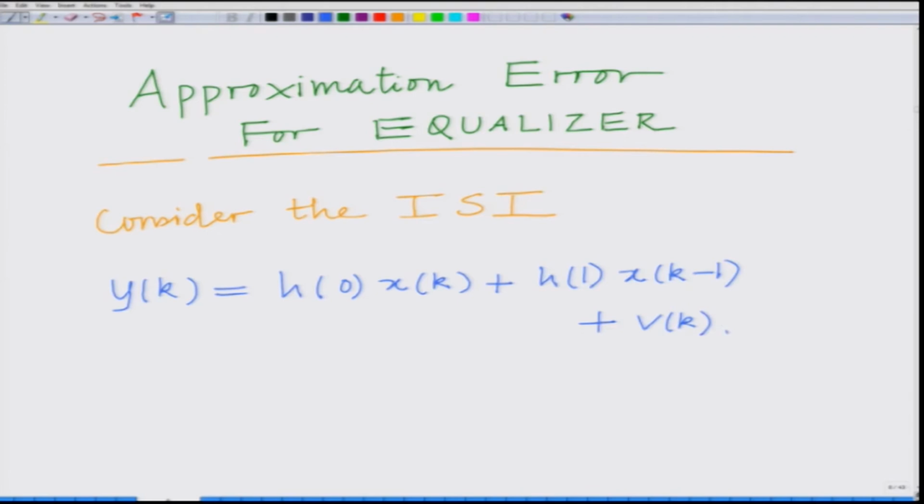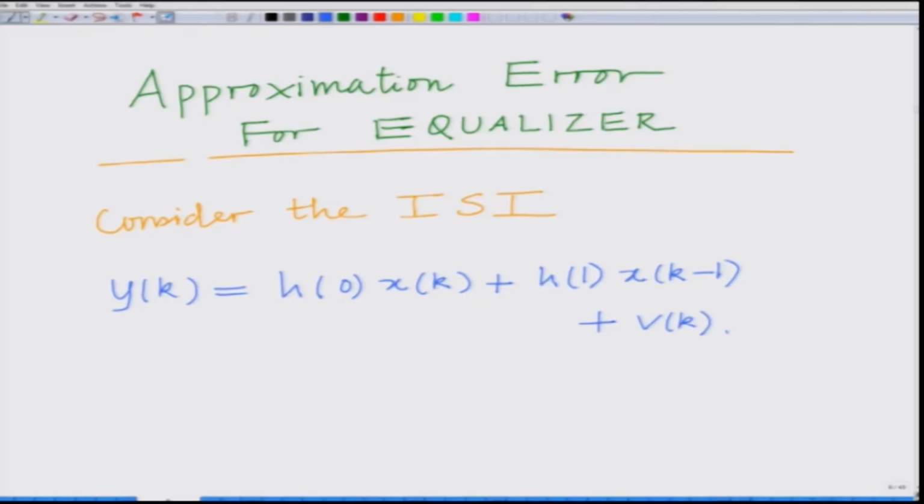This is the model for the channel, which captures the inter-symbol interference. yk is the received symbol, xk is the symbol transmitted at the current time instant k, xk minus 1 is the symbol corresponding to the previous time instant k minus 1, which is interfering with the current symbol xk, and that is inter-symbol interference. vk is of course the noise sample.